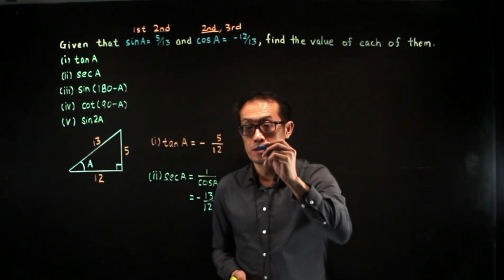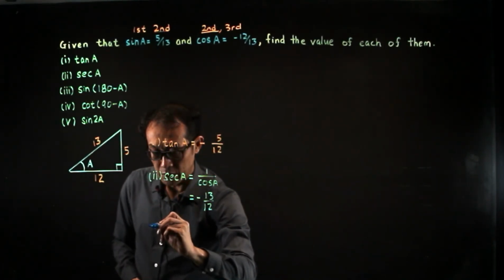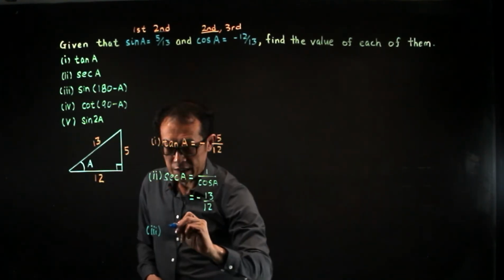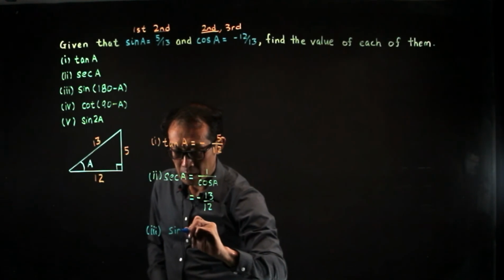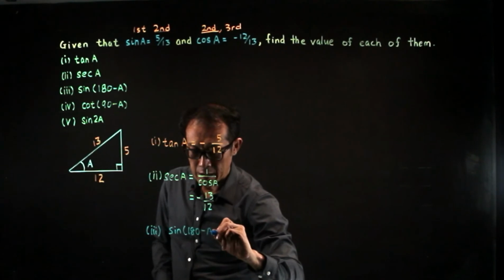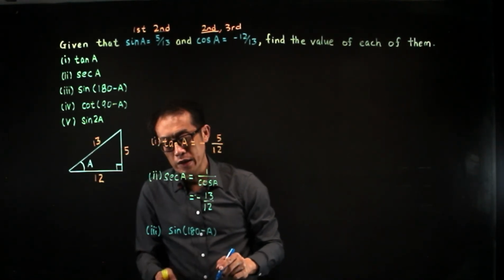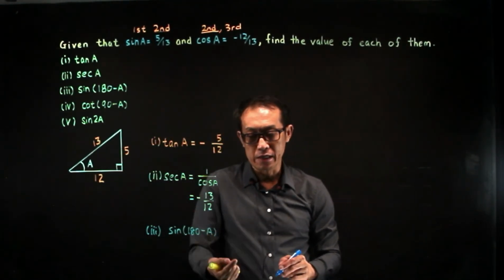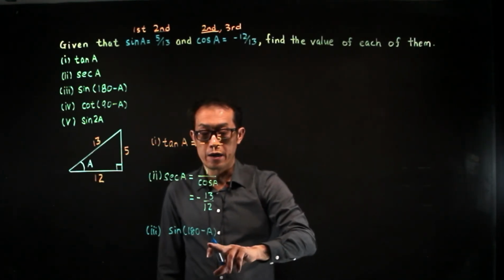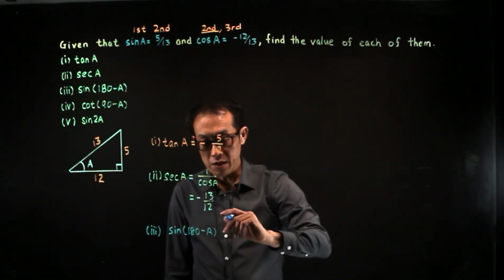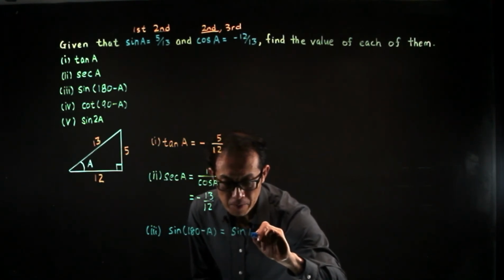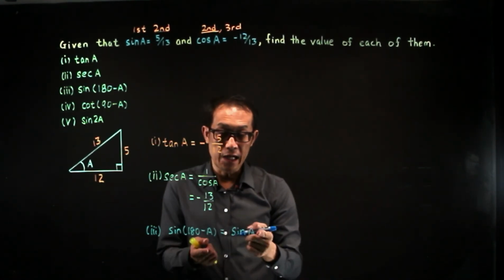In part 3, you are asked to find sine of 180 minus A. What is the basic angle of 180 minus A? If A is acute, it is simply A. And you'll find that this is equal to sine A. This is an identity.